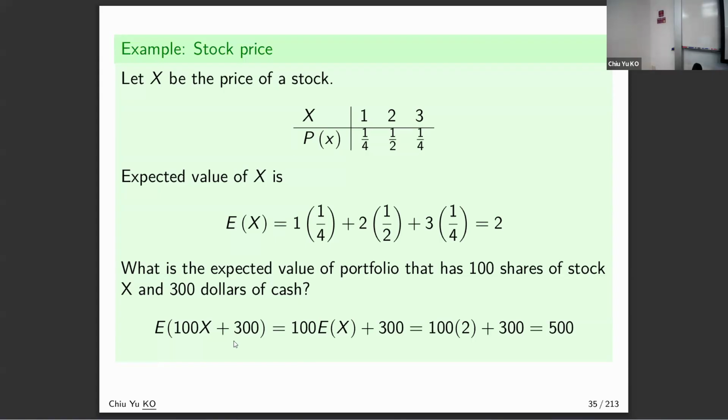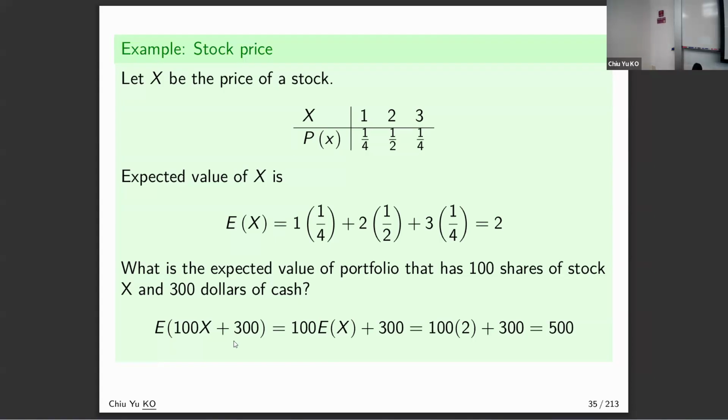So here is the question. I have a model for 100 shares. What's the expected return if I have 100 shares and I have $300? So this portfolio will be 100 times the expected return of the share, plus 300.